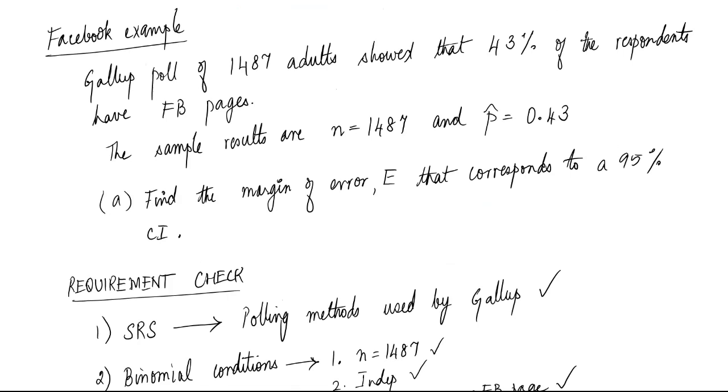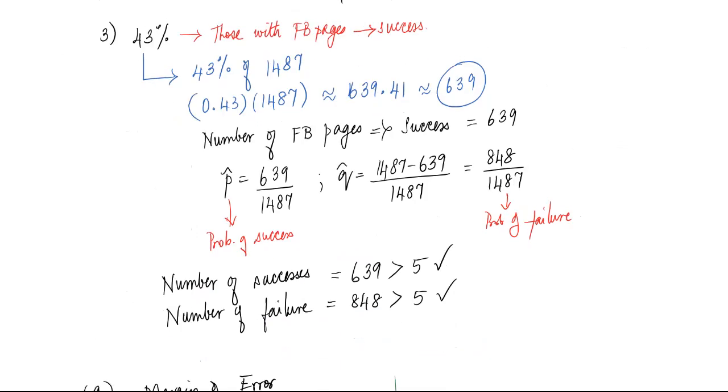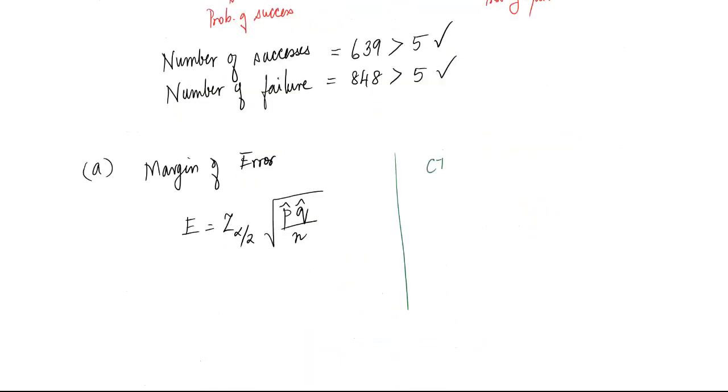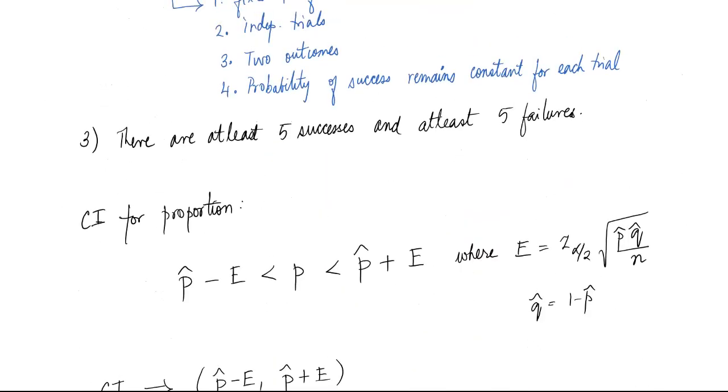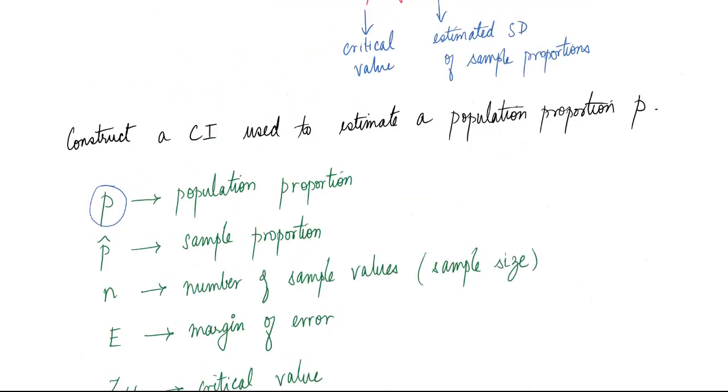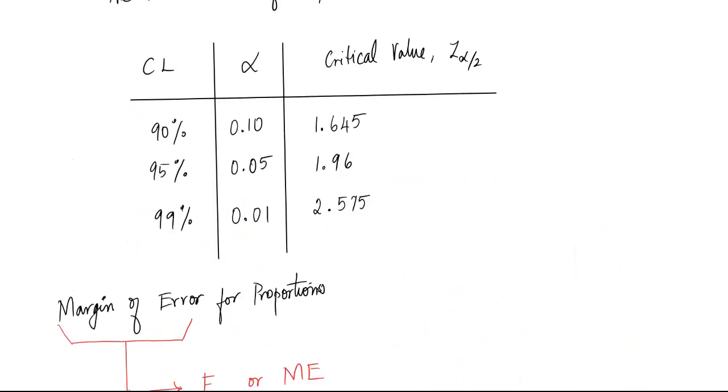A says find the margin of error E that corresponds to a 95% confidence interval. So to find z alpha over 2, you can use that process we did, or you could go to the table. The table for 95% confidence level, the critical value z alpha over 2 is 1.96. So I'm going to use this information right from here.